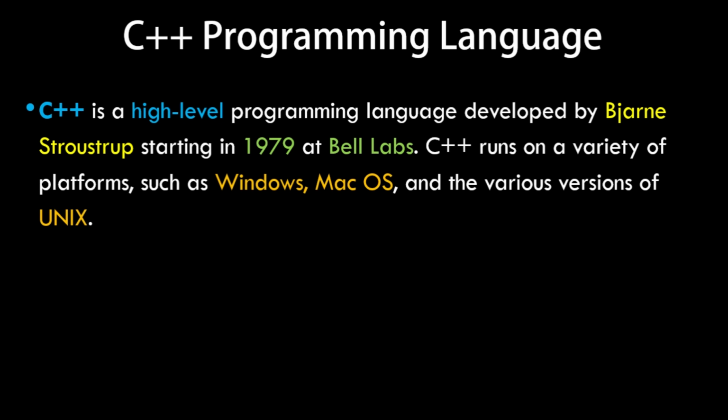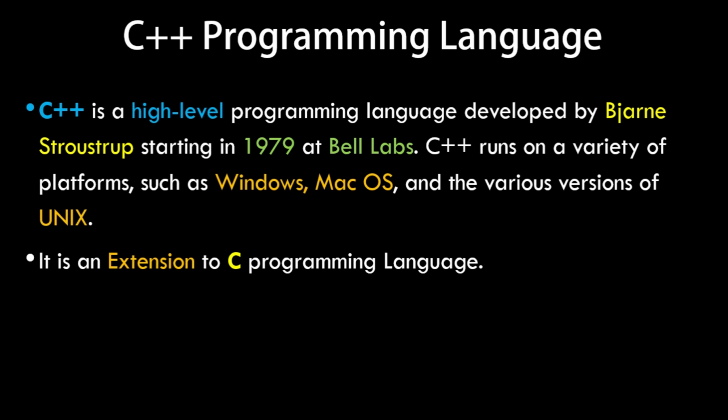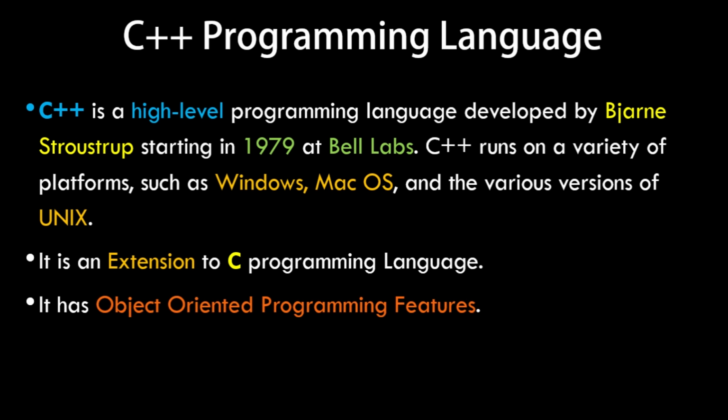C++ runs on a variety of platforms such as Windows, Mac OS, Linux, etc. It is an extension to the C programming language, that is, we also have a programming language just known as C, and there were some features which were added, and the object-oriented programming part was added to that language, and then it got named the C++ programming language. So that is why it is known as an extension to the C programming language. And as I mentioned, it has object-oriented programming features, and we won't be discussing them in this tutorial series since this is just covering the basics of C++ and the procedural part.